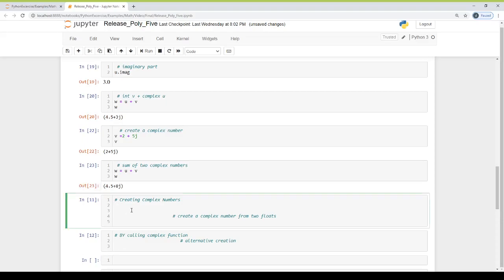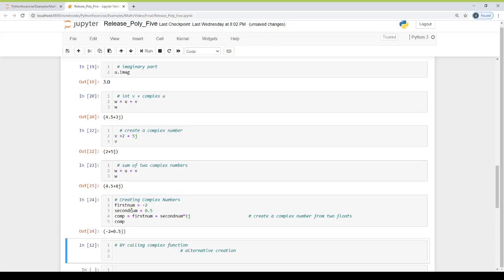First num is equal to minus 2, second num is equal to 0.5, a float number, and then create a complex number. comp is equal to first num plus second num times the unit imaginary number 1j, and then print comp, shift enter. That is minus 2 plus 0.5j.